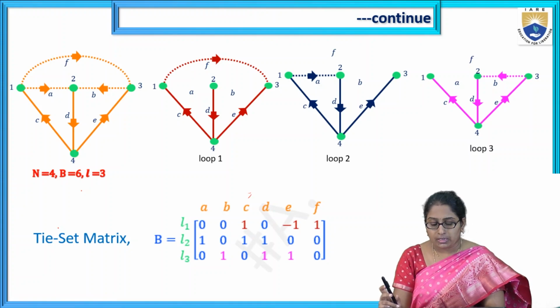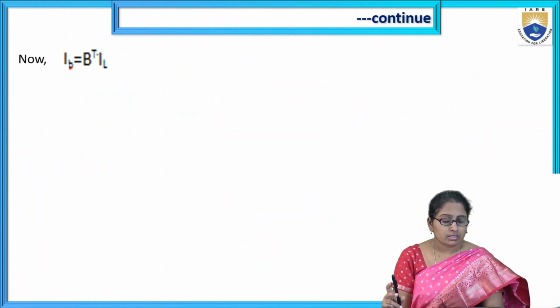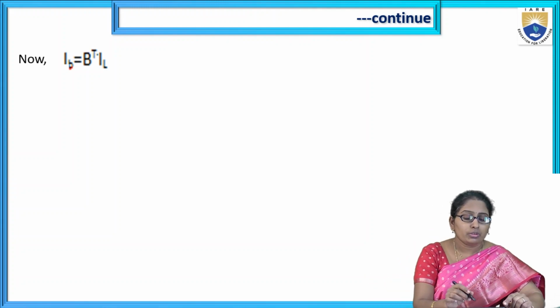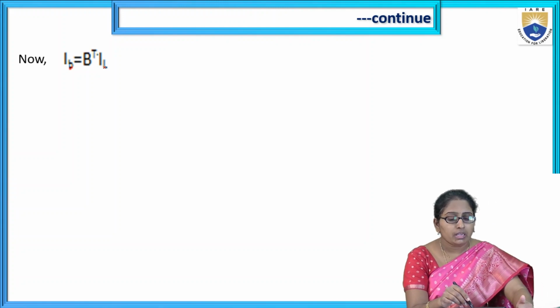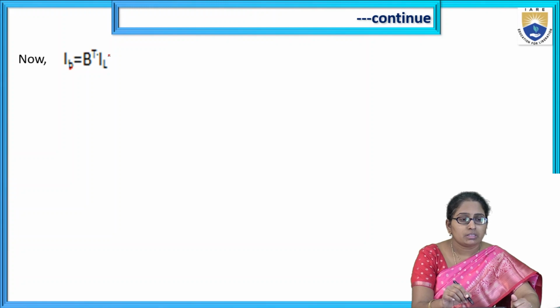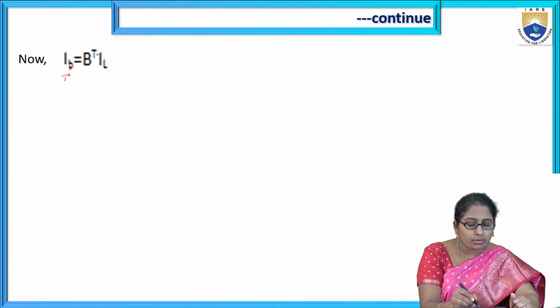Finally, we want to get the branch currents. The branch currents are given by B transpose multiplied with IL, the transpose of the tie-set matrix multiplied with the link currents. The branch currents are denoted IA, IB, IC, ID, IE, IF.